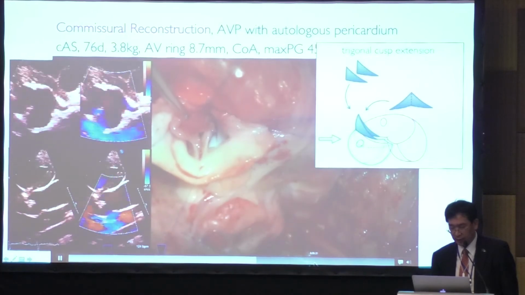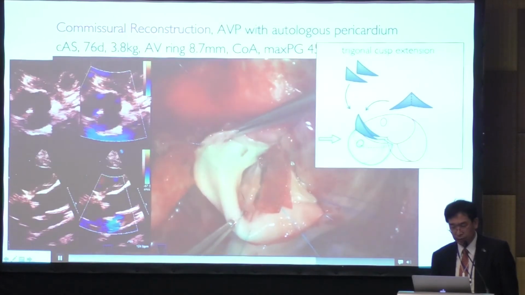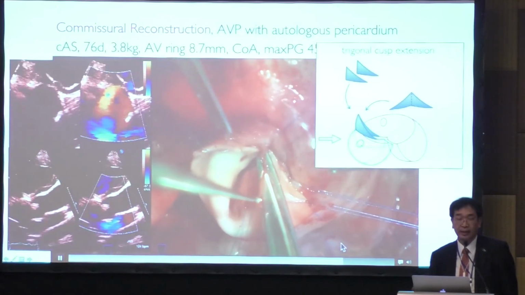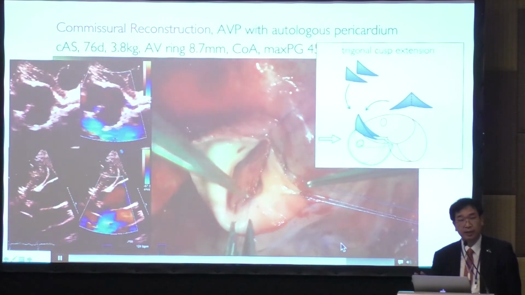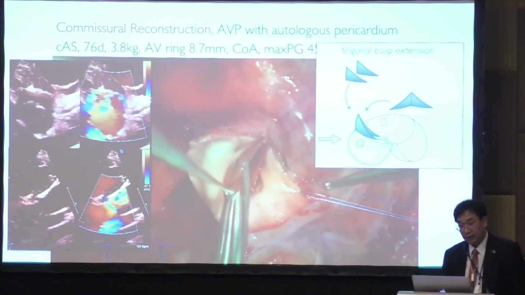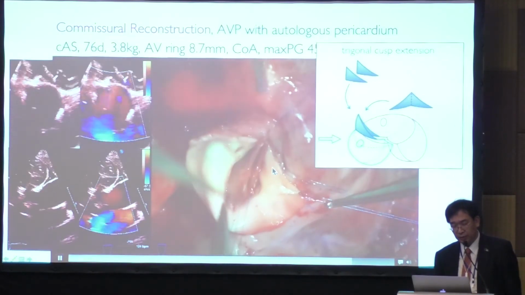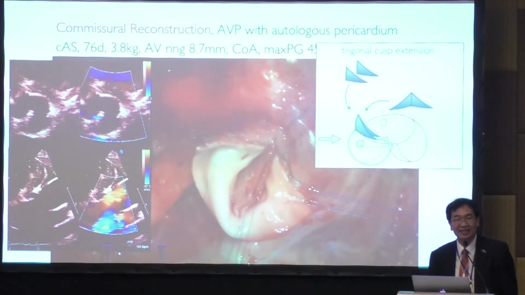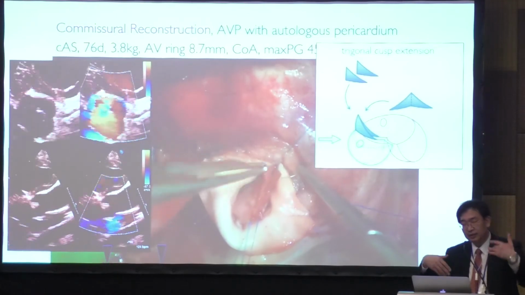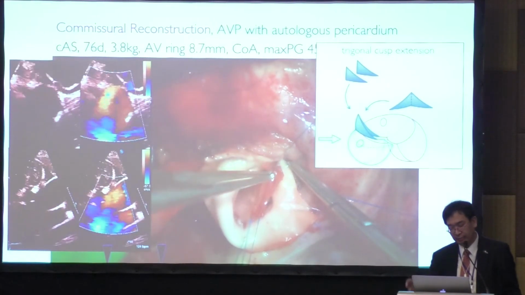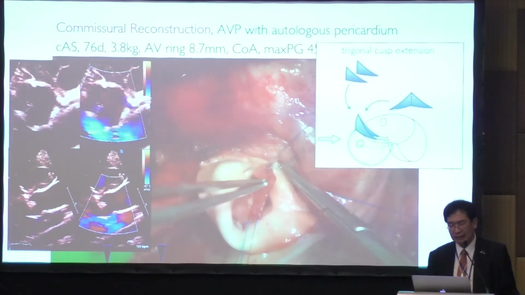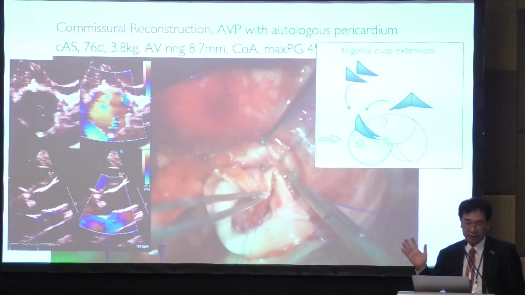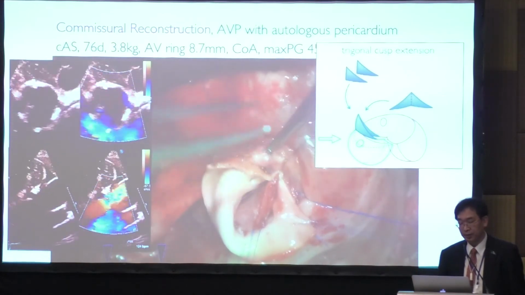Anyway, I made 2 like that. And finally, adjust the leaflet rings like that. It's not so difficult together with the open sleeve technique. Usually, without the cutting, many surgeons have difficulty working inside the small ascending aorta, but this technique is better to make a better operation.